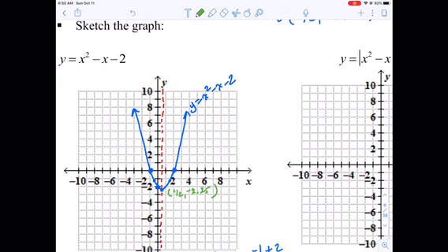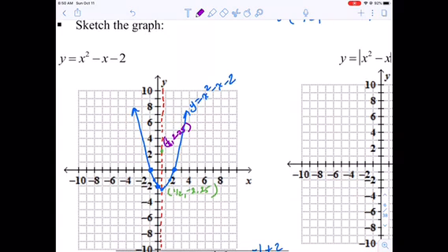And I know if my vertex here was 1/2 and negative 2.25, I know that my corresponding summit will reflect to be 1/2 and positive 2.25. Okay, so I'm just going to do that maybe in purple here. This would be 1/2 and 2.25 positive. And my y-intercept, instead of being 0, negative 2, will be 0, positive 2.